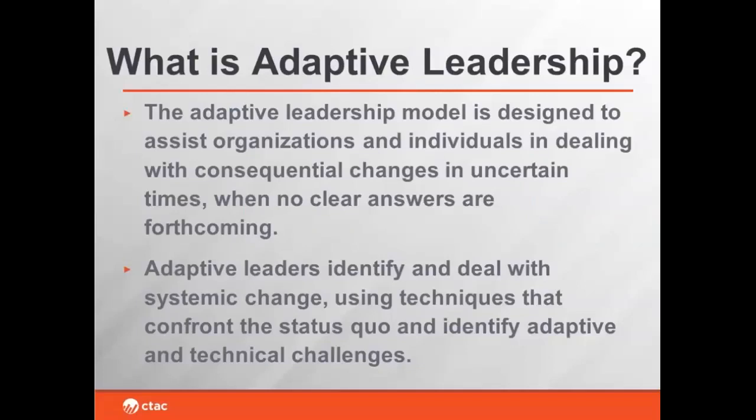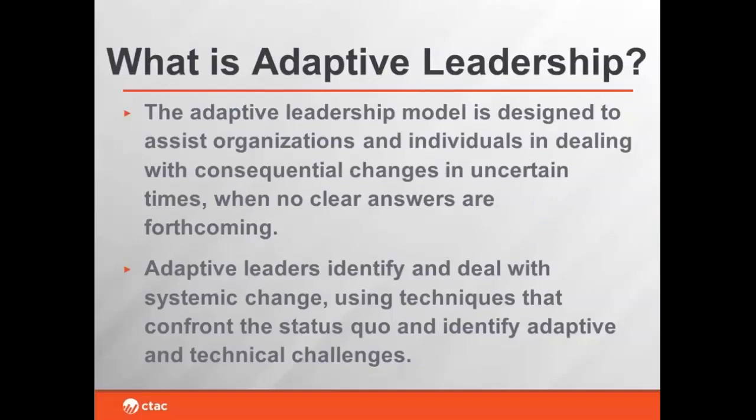So in the adaptive leadership framework, we're looking at what kind of leadership is required in times of rapid change, where there are real consequential changes, but the times are uncertain, and the challenge is of a level where there are no easy or clear answers, okay?